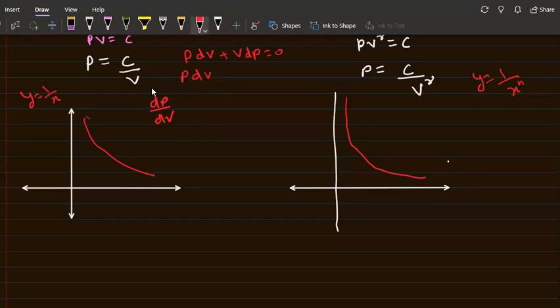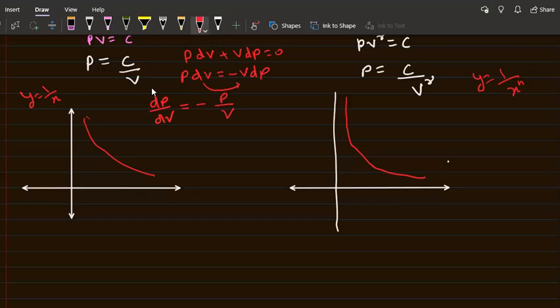P dV is equal to minus V dP. Now take this to this side, V to this side. So dP by dV is equal to minus P by V. Yes or no? Everyone got this?